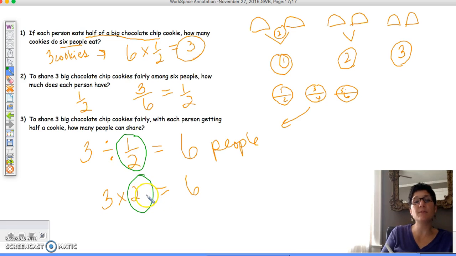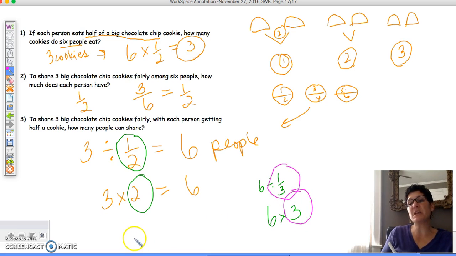It's a very beautiful and interesting relationship, because if I divide by a half, it's the same thing as multiplying by 2, right? So if I divide by a third, so if I take 6 and I divide it by a third, that would be the same thing as doing 6 times 3. I just want you guys to think about, what is the relationship between this pretty guy here and that pretty guy there? I just need you to think about that for a while.